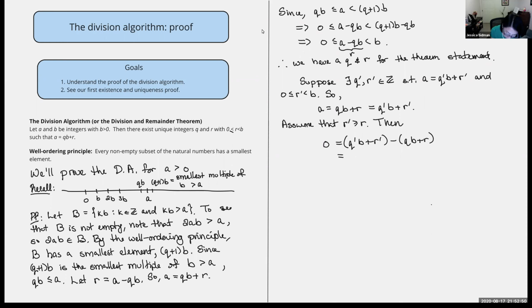I'm going to say, well, really, this is saying that I have Q prime minus Q B plus R prime minus R over here. Okay, so I have that.